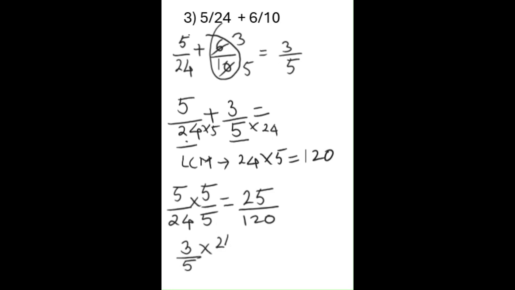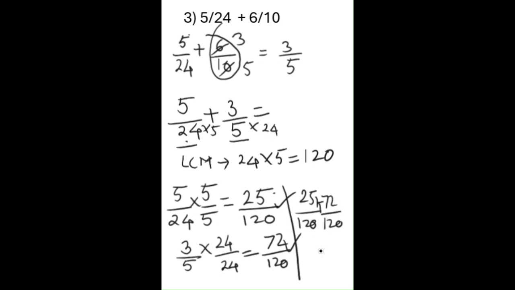Here we have to multiply by 24 by 24, so here we will get 72 by 120. Now we will add these two fractions together, 25 by 120 plus 72 by 120. It will give us the answer 97 by 120.